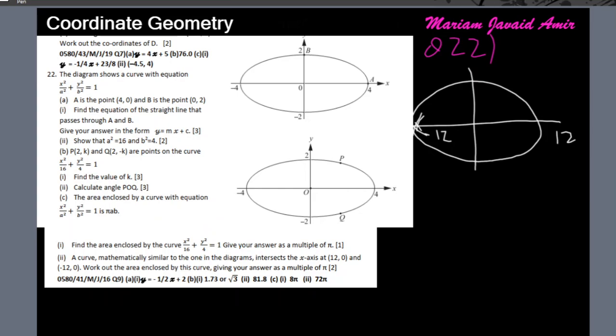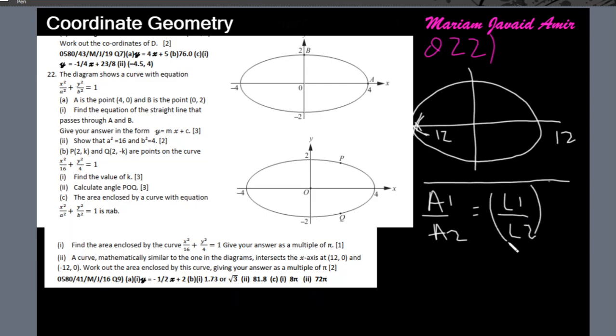Alright. You might not have done this chapter yet, which is on similarity and congruency. It has a formula A1 over A2 equals L1 over L2 whole square for similar figures. So A1, the area of the first figure, was 8 pi.